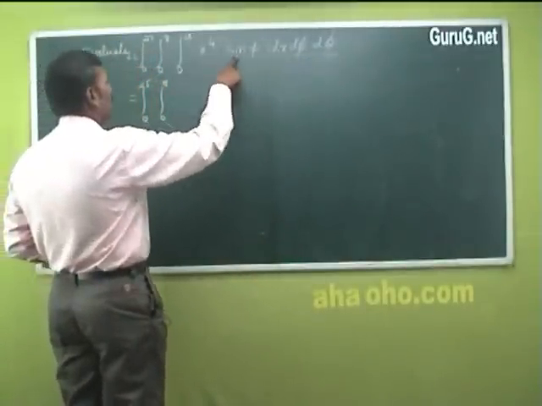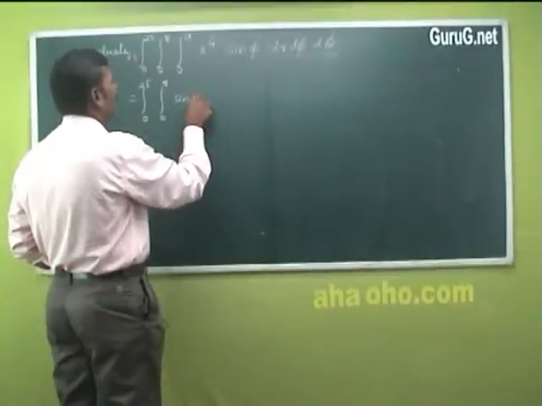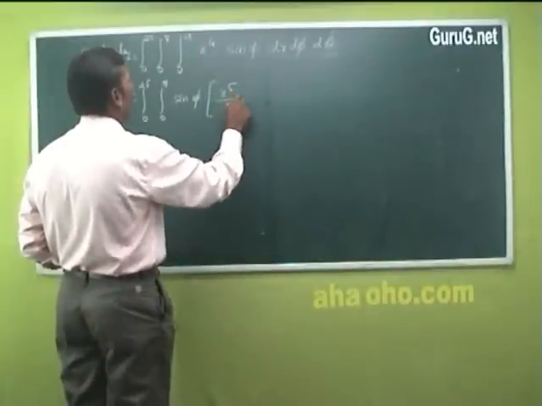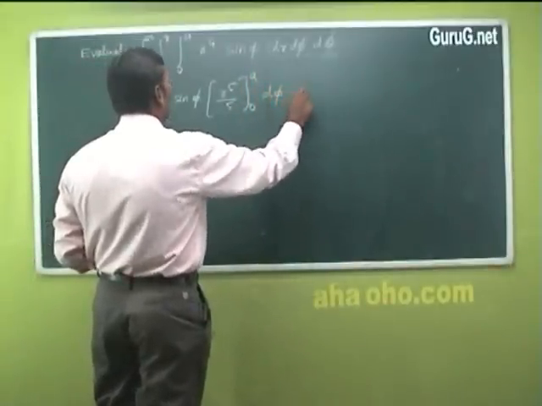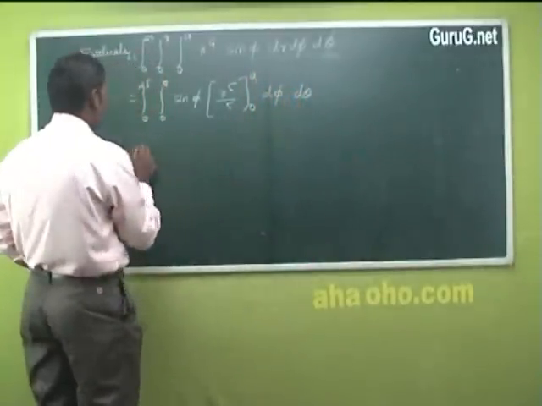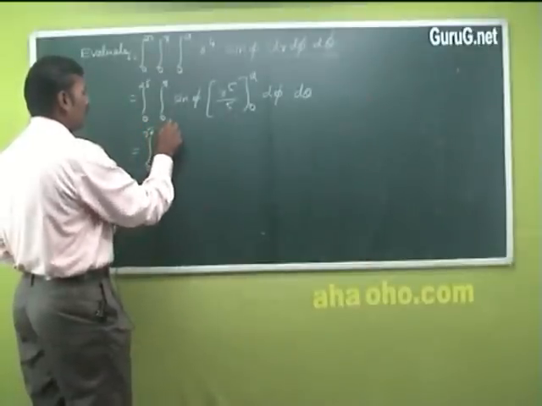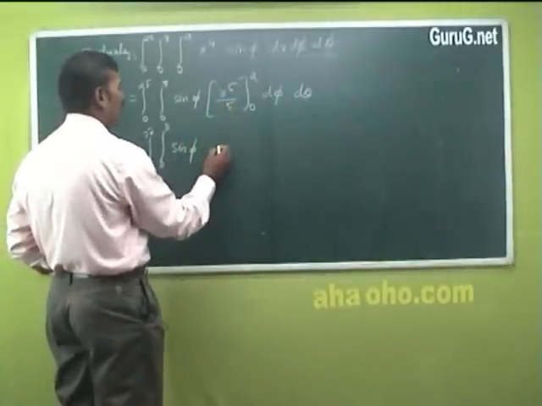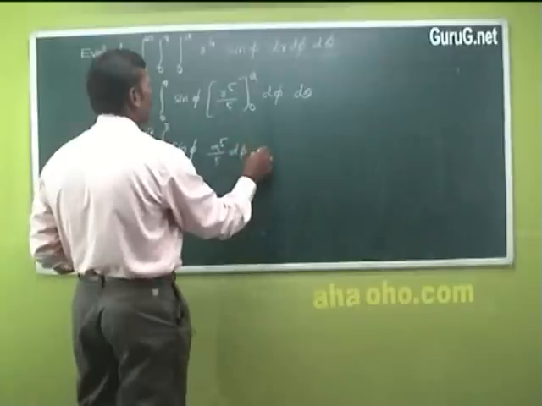Now integrate with respect to r, keeping sin phi as constant. So sin phi into integral of r to the power 4, we get r to the power 5 by 5, from 0 to a, then d phi, d theta. So integral 0 to 2 pi, then 0 to pi, sin phi into a to the power 5 by 5, d phi d theta.